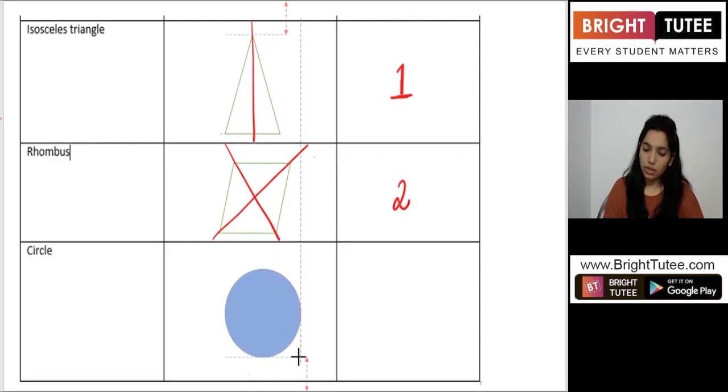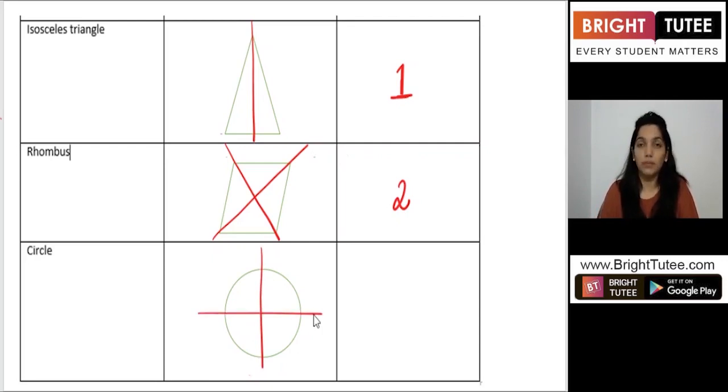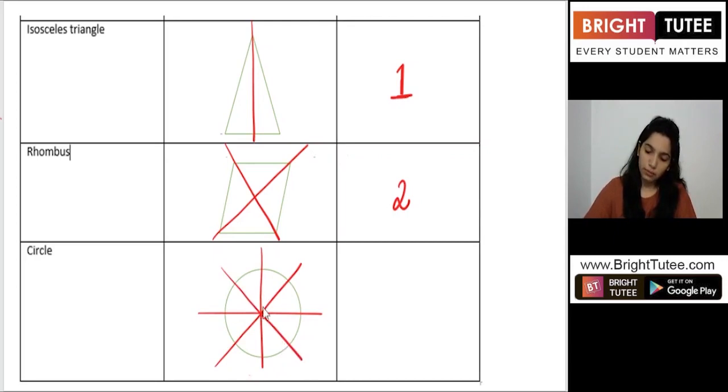Now coming to a very interesting shape that we know as a circle. Why is this shape interesting? If you draw a circle on a paper, how many different ways do you have to divide it into 2 halves? This is one way I can do it. This is another way, and another, and another.